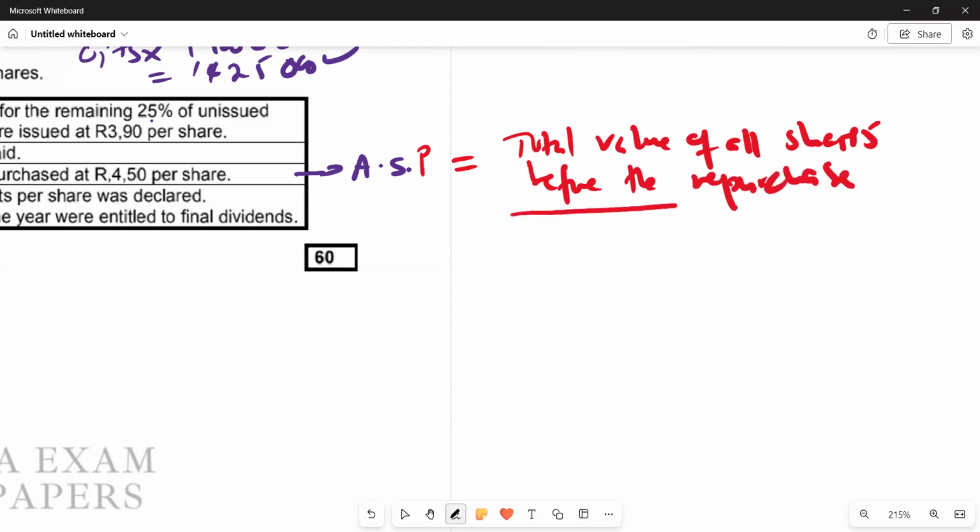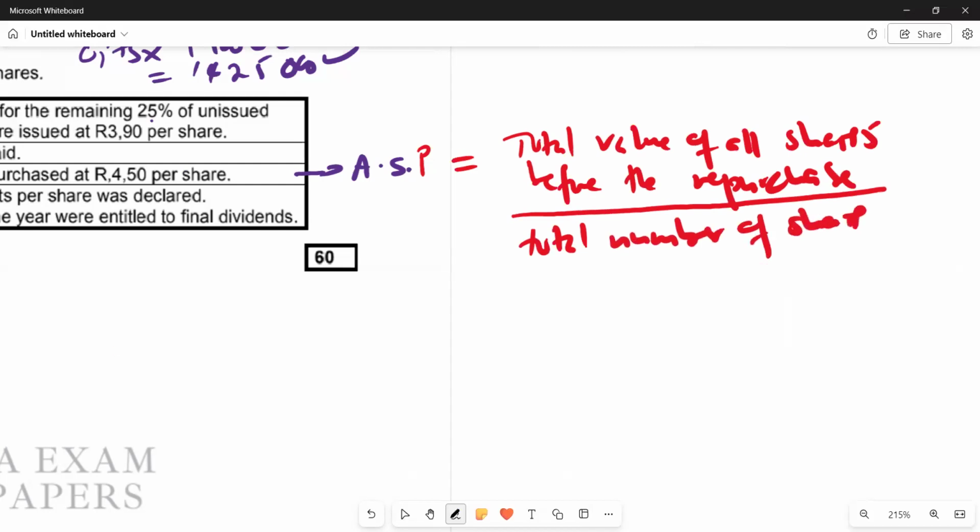Then we divide by the total number of shares before the repurchase. So basically, this is the information that we have in terms of calculating average share price.